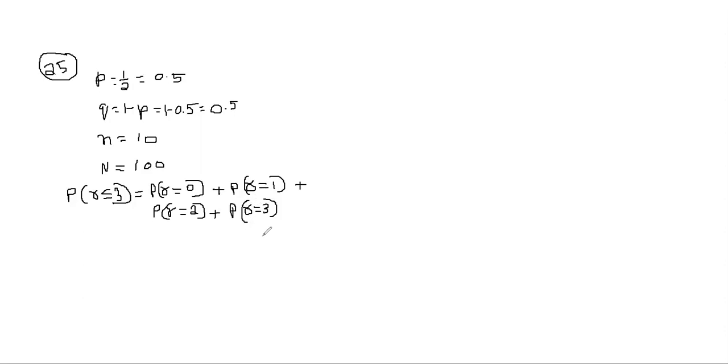So we need to find the values from P of R equal to 0 to P of R equal to 3. Let us find out the values first.